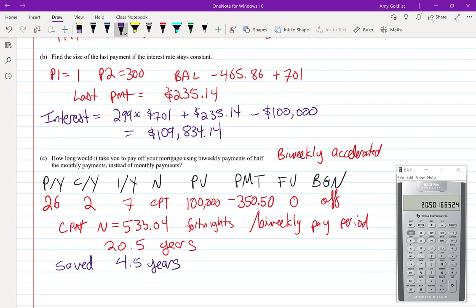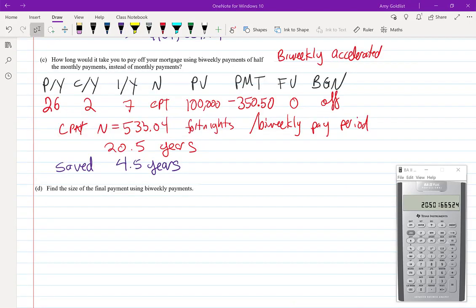Let's look at that last payment. Well, now 533.04 means I'm going to set P2 to be 534. Rounding that up, I'm going to go into the amortization and change this now to 534. Enter.